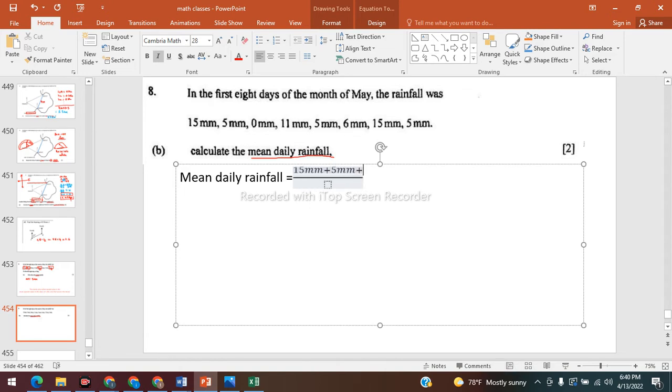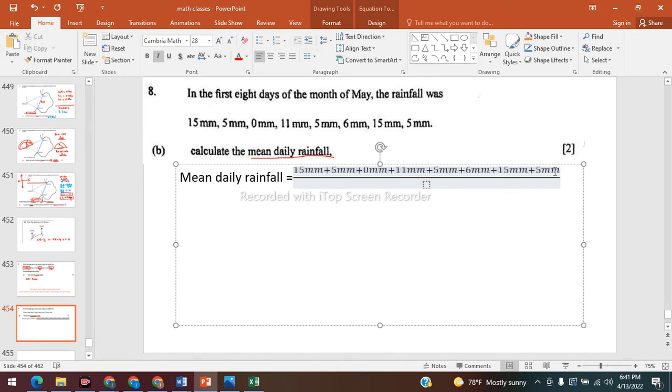15 millimeters, 5 millimeters, 0 millimeters, 11 millimeters, 5, 6, 15, and 5.